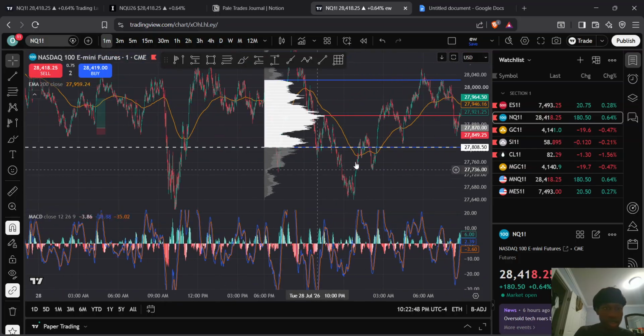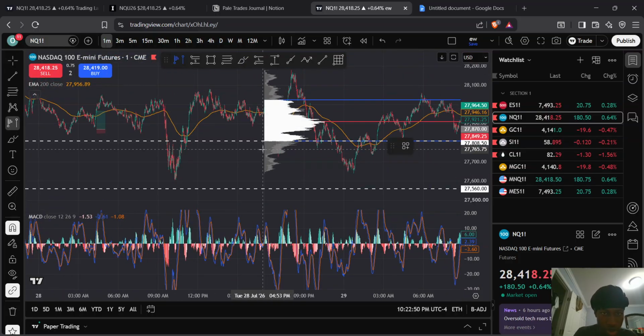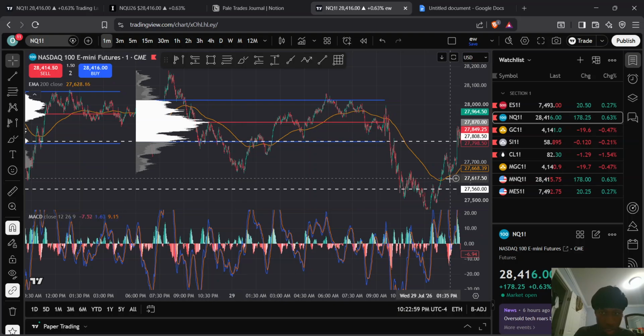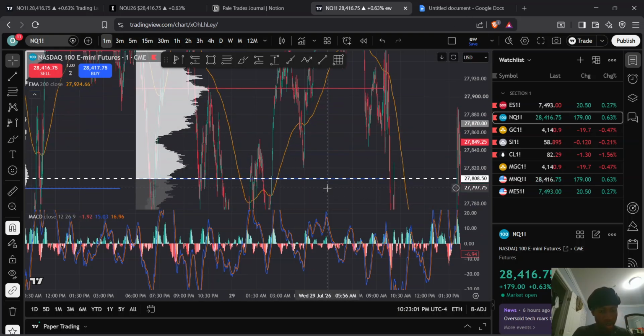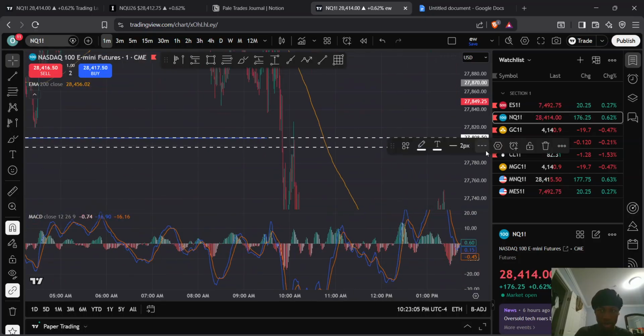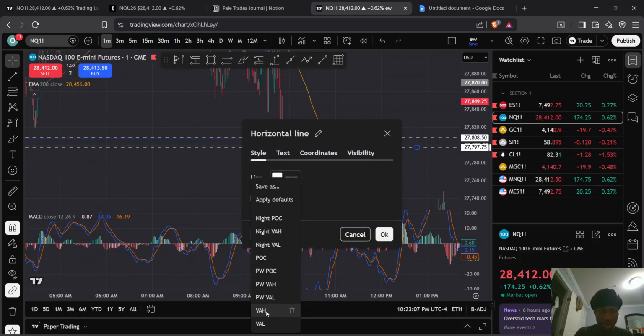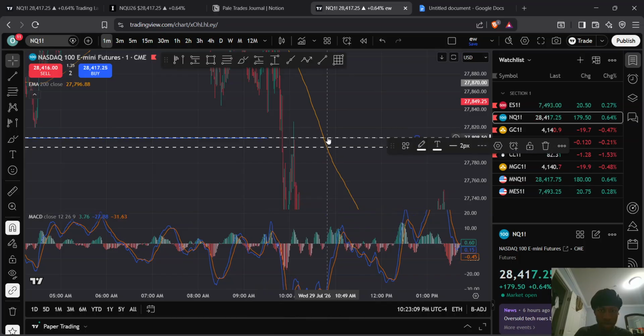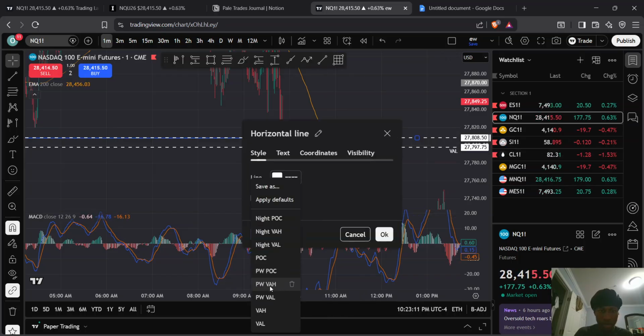Let's see actually what this is. Right, yes, it was two confluences actually. So we have the value area low right here, and we have the night value area low.